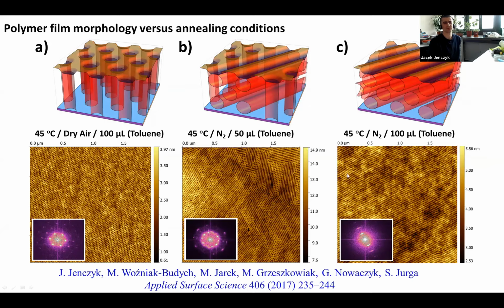So these three examples represent the same sample, I mean, the same material, but it behaves differently due to the different annealing conditions. So we can change orientation of our domains in space.